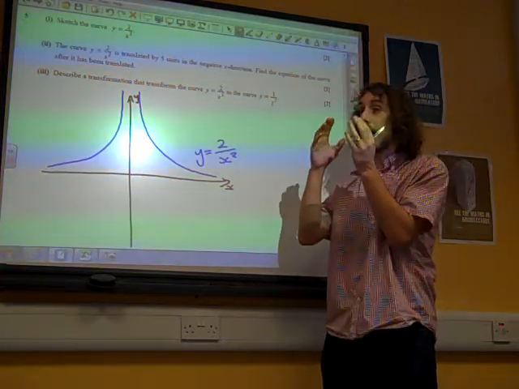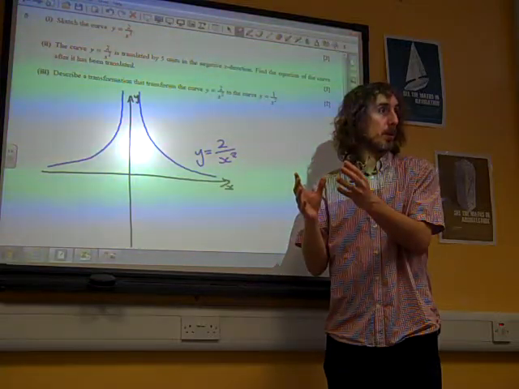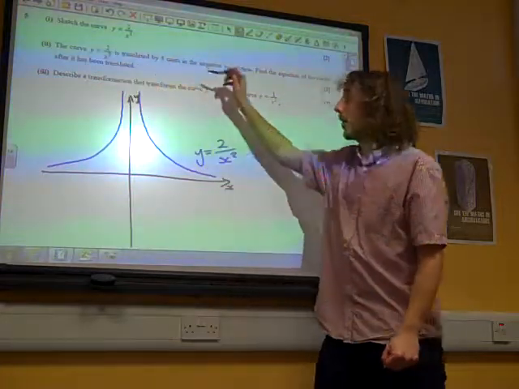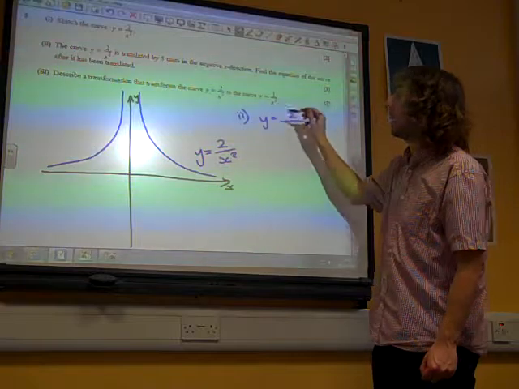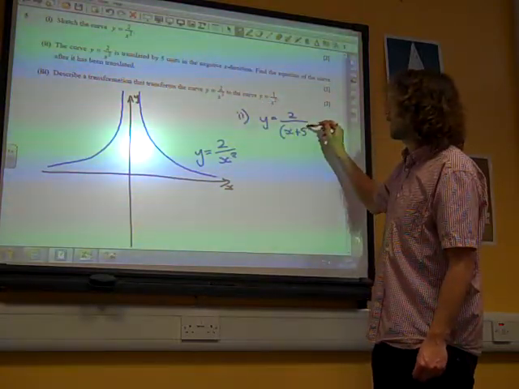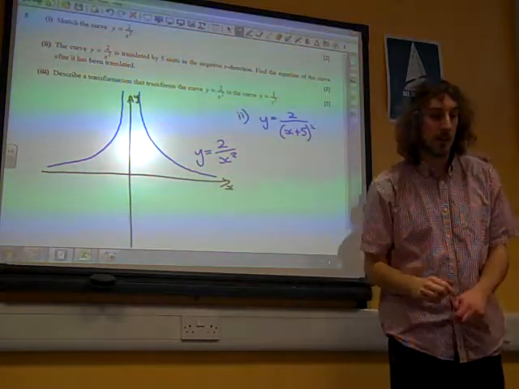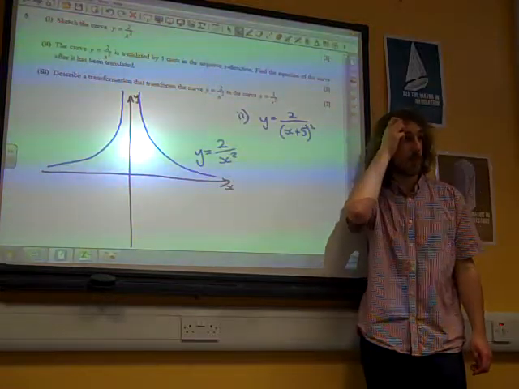So it's got to be something that happens to x before anything else happens to it, so it's going to be inside this squared bracket. So the answer to part 2 should be y is 2 over, and it's the negative x direction. Remember, it goes the opposite way round if it's happening to x. So it should be 2 over x plus 5 all squared, or 5 plus x all squared.